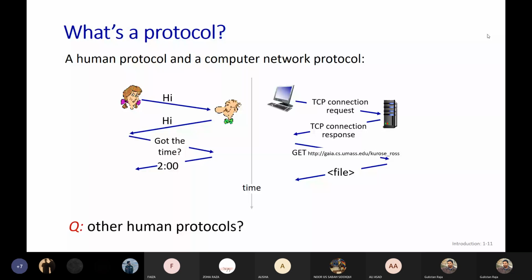Then the client computer requests a page from the server. For example, this is a page of a book, this book, you can have a look at it, and then the file is given from the server to the computer. This is an example of a computer network protocol.